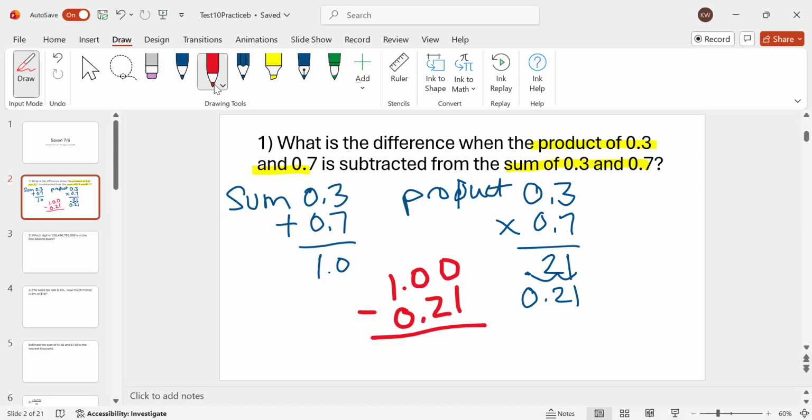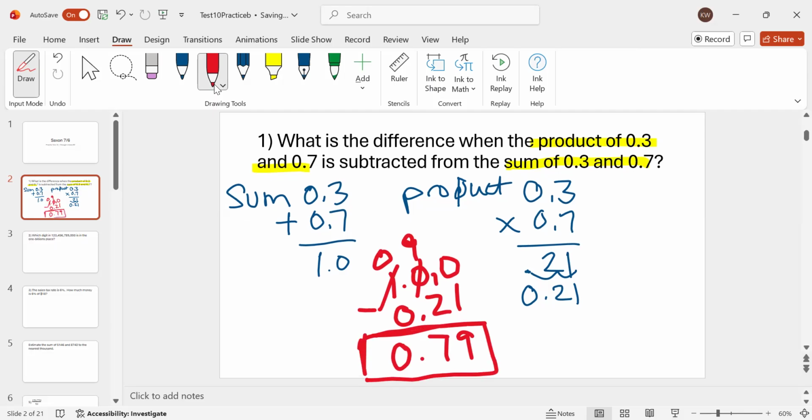We can't take 1 from 0, so we borrow from that one, turn that to a 0, which turns this to a 9, which turns this to a 10. So that makes 10 minus 1, 9, 9 minus 2, 7, 0 minus 0, 0. And the decimal place comes down. So 0.79.